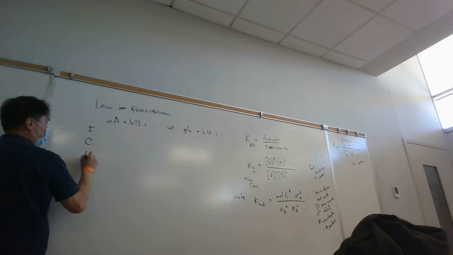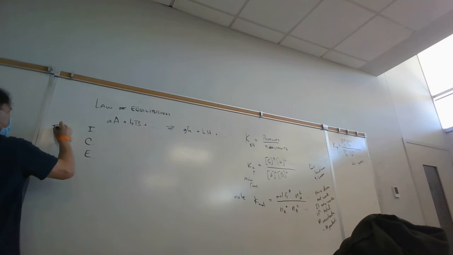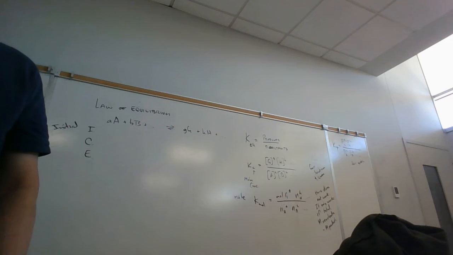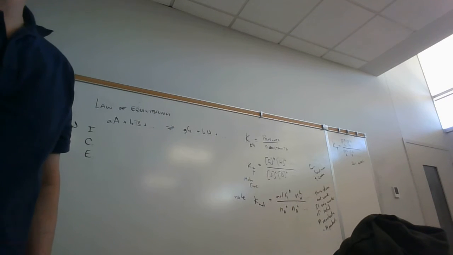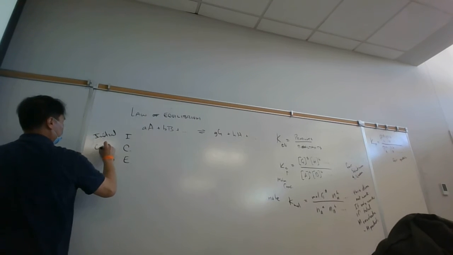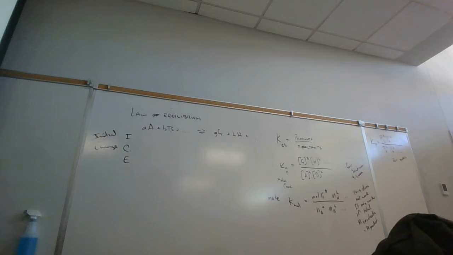We normally set up Chem 1B stoichiometry using an ICE table, ICE. I stands for initial. So whatever we have initial, we want to figure out, given this initial, how much reaction am I going to get? And then C is the change. The change wasn't shown here. I just calculated the change in my head.